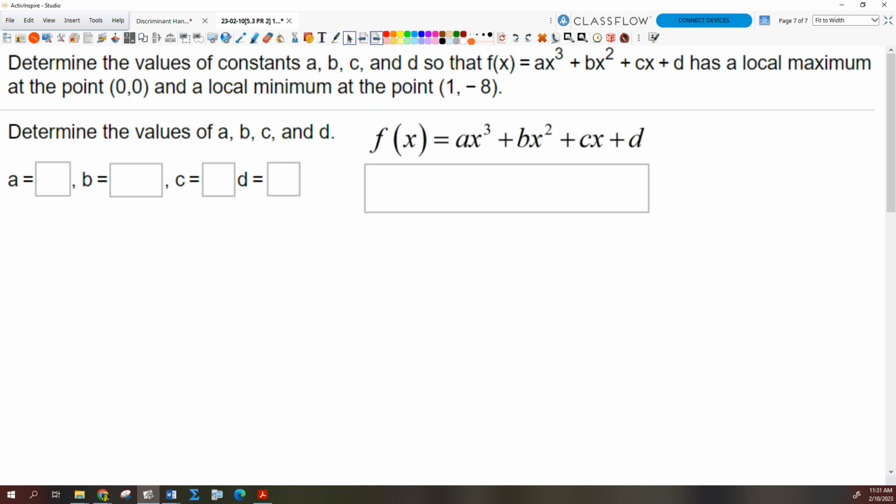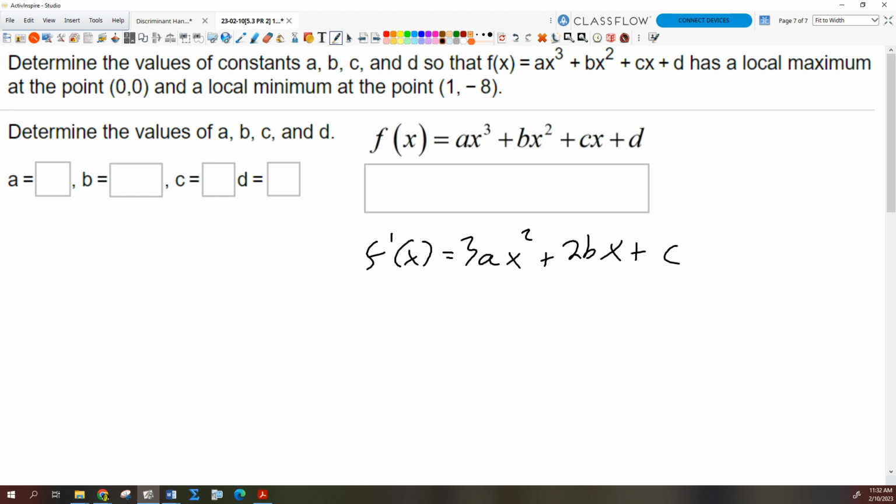Okay, we could find the derivative, right? So if that's f of x, what is f prime of x? 3a x squared, right? Plus 2bx plus c.